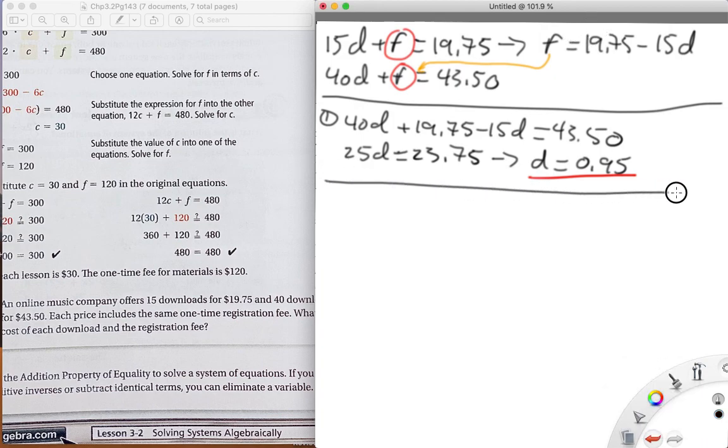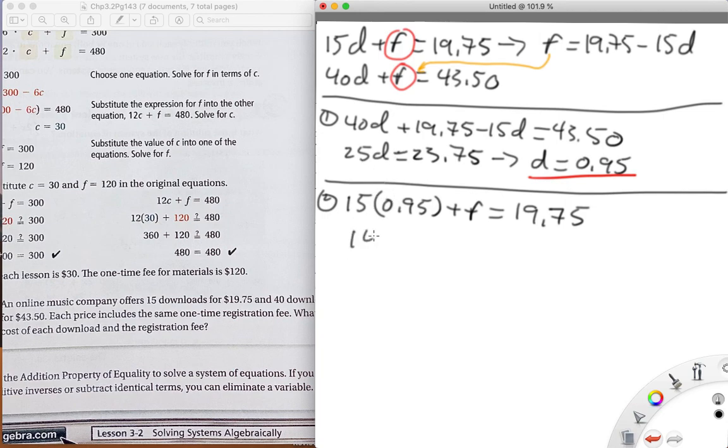Next step, once I get that, I'm going to plug it back into either equation, it doesn't matter which one, to find what the fee is. So I choose the one on top. So 15 times 0.95 plus x equals 1975.